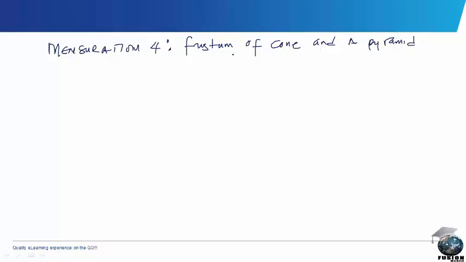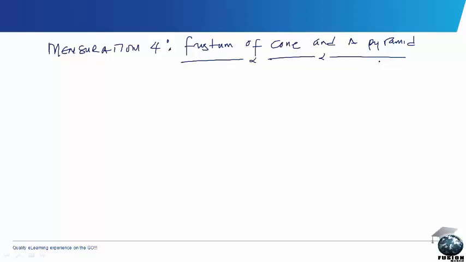For us to obtain a frustrum from these two objects, these two solids, we have to carry out some kind of operations on their original volume.